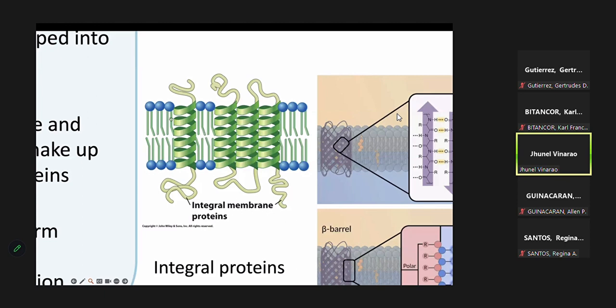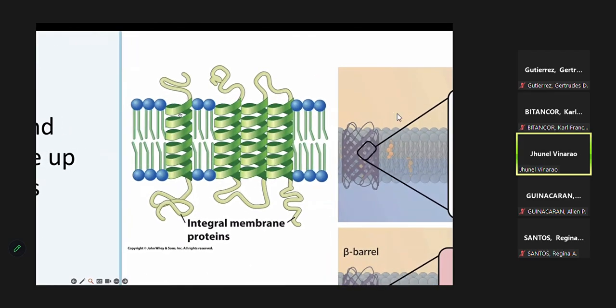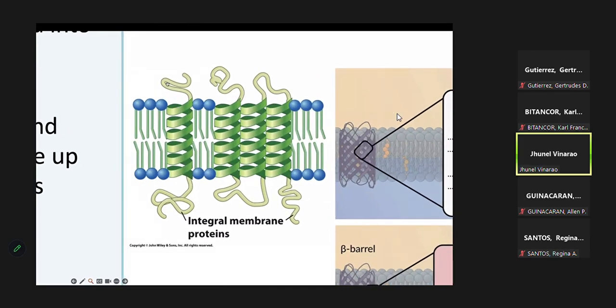Let's repeat. I think we discussed last time that the amino acid residues facing this region must be hydrophilic, while the regions facing these non-polar regions are definitely non-polar amino acids.